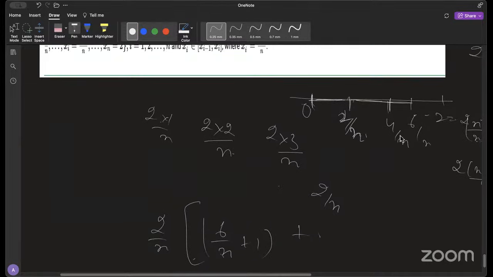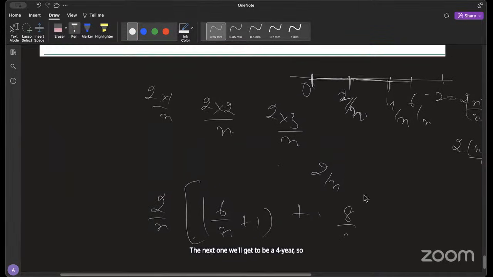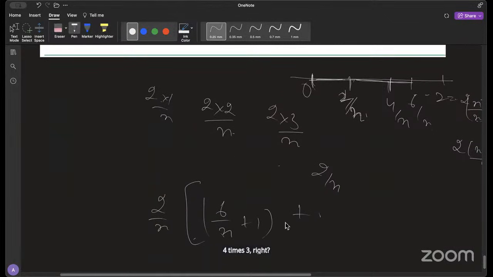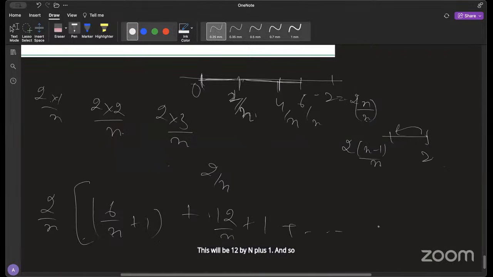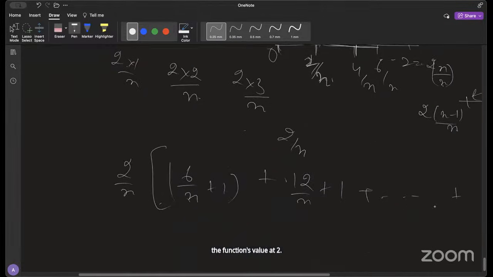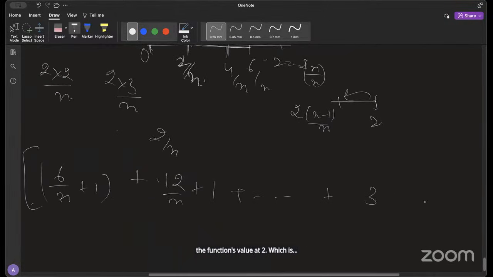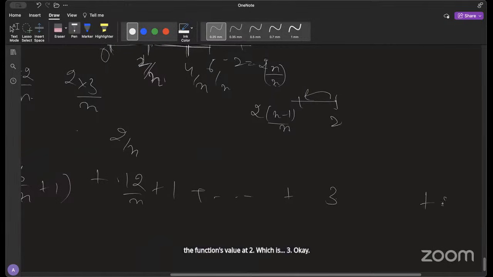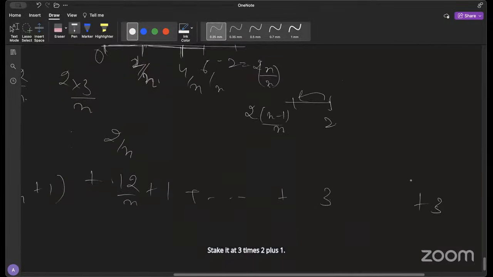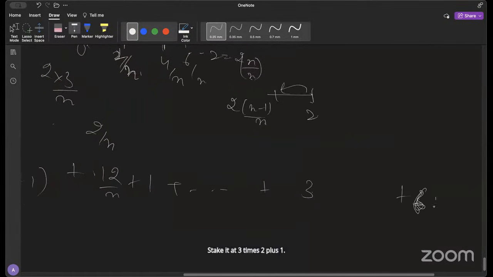The next one, we have 4 here, so we'll get 4 times 3, which gives you 12 by n plus 1, and so on, till the function's value at 2, which is 3 times 2 plus 1, which is 6 plus 1.